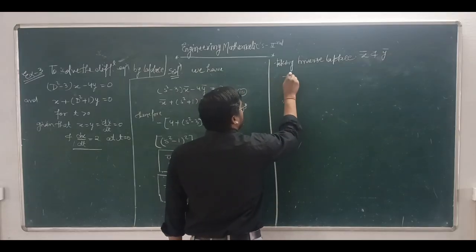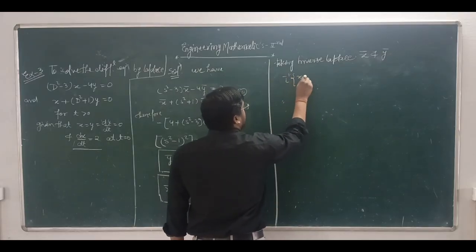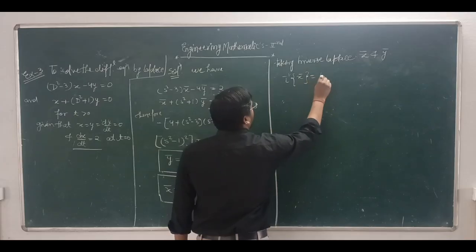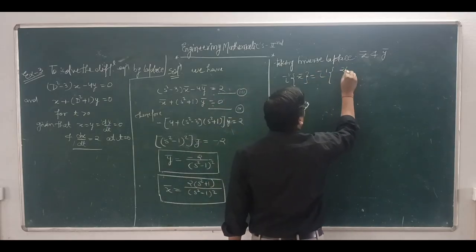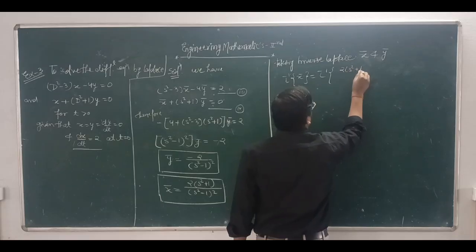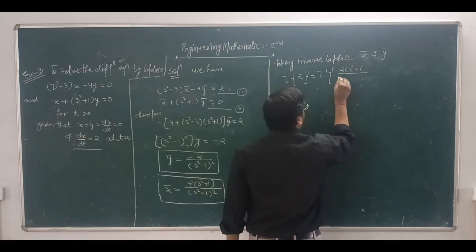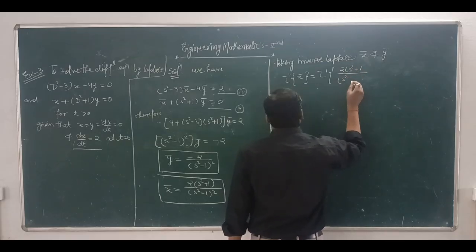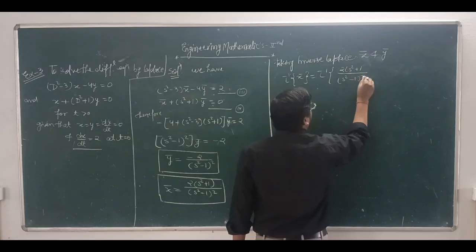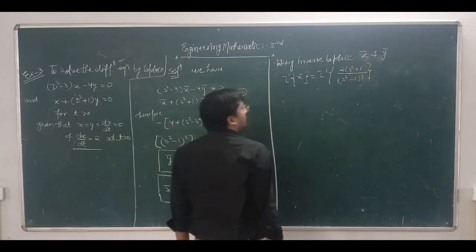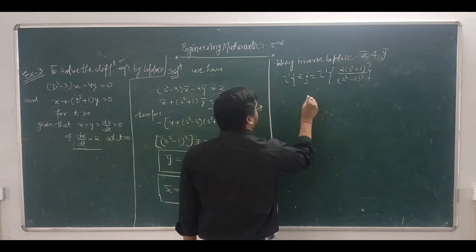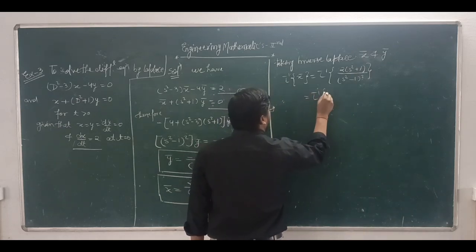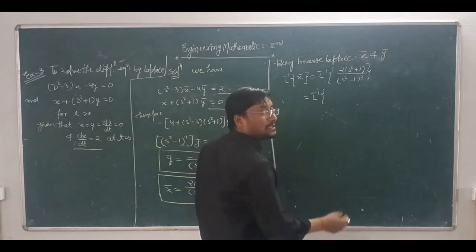It means inverse Laplace of x is equal to inverse Laplace of 2(s square plus 1) upon (s square minus 1) to the power 2. Now you can factorize this equation.